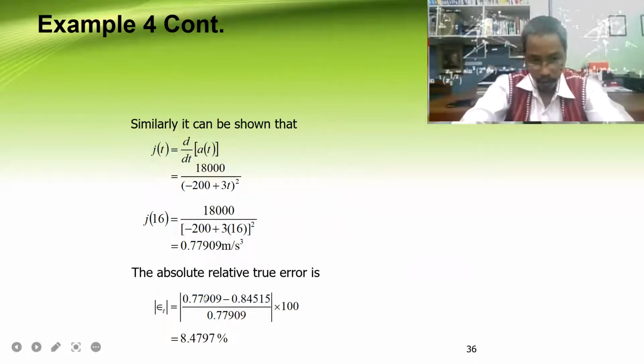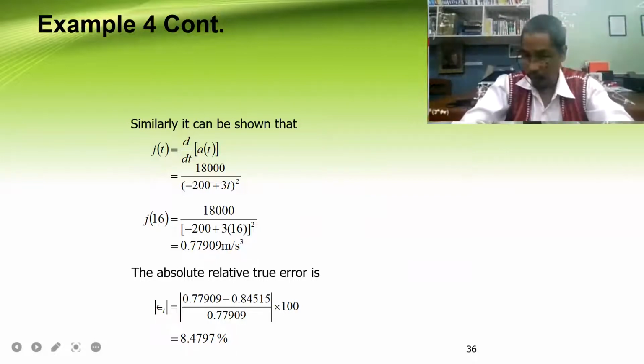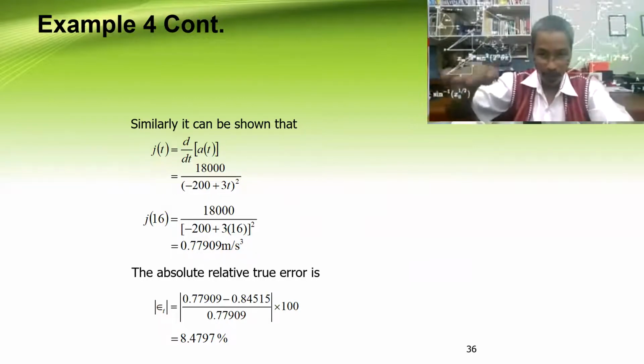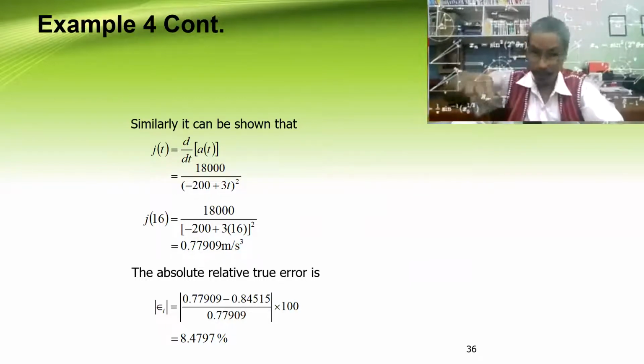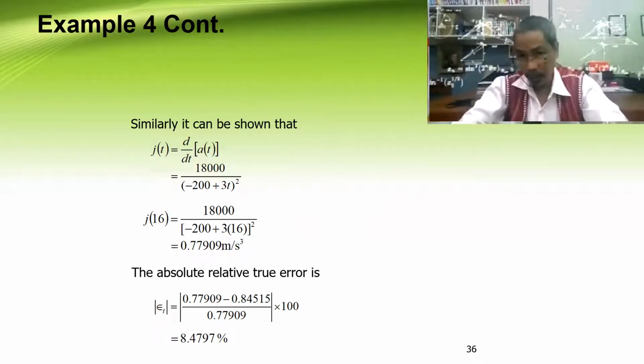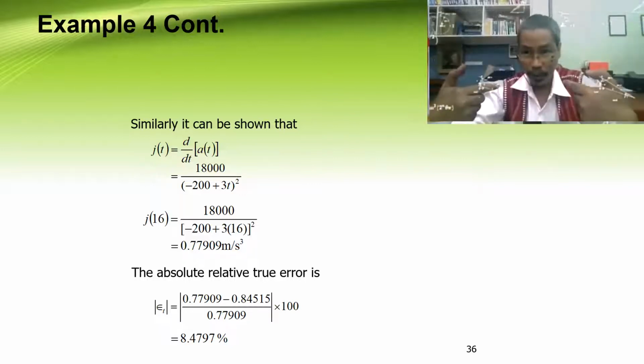So the absolute relative true error is what? 8%. So this is not acceptable because this is more than 5%. And as an engineer, I am actually using 3%.